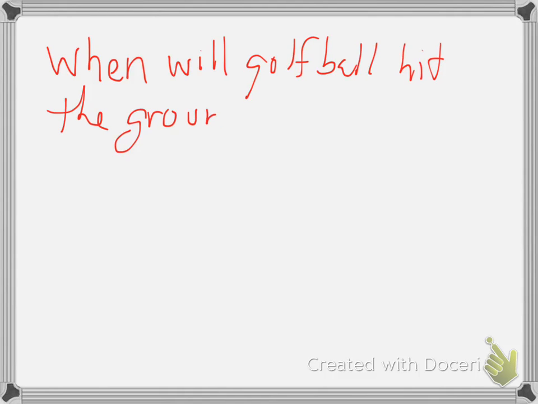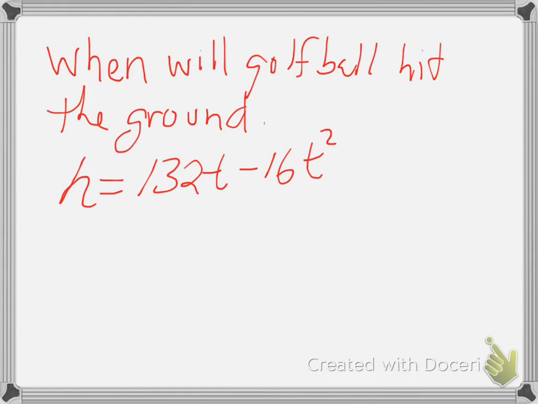And you will for sure have story problems on your final. So just applying the math, making sure you understand it. So they give you the formula, h equals 132t minus 16t squared.